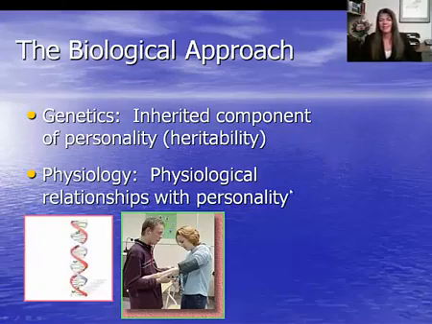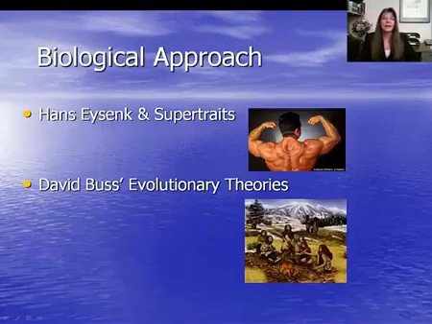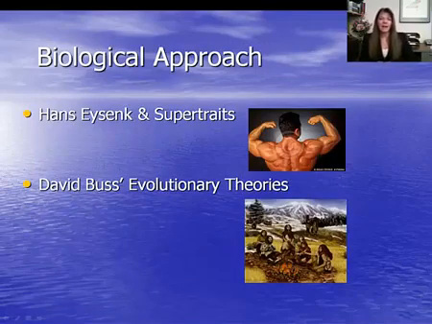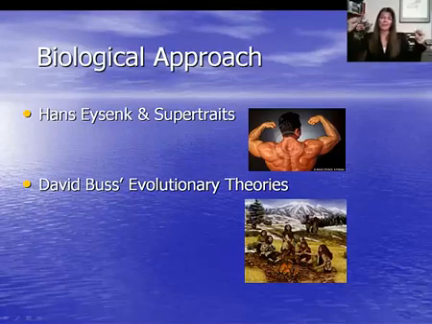We see differences in physiology in people according to their personalities. Some really cool work we're going to look at today. We're going to be covering two different theorists. The first one is Hans Eysenck, and what he called his super traits. Kind of ahead of his time.